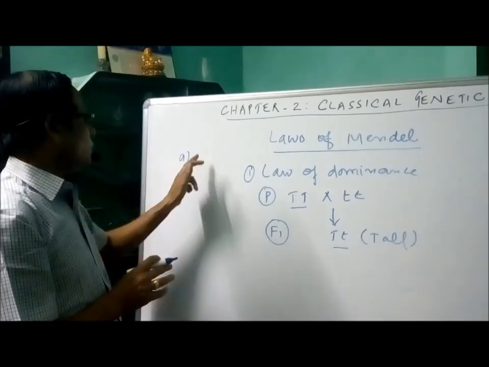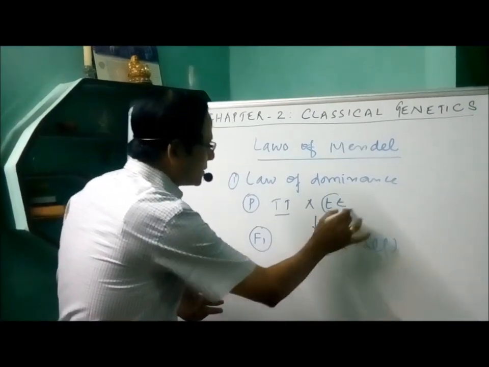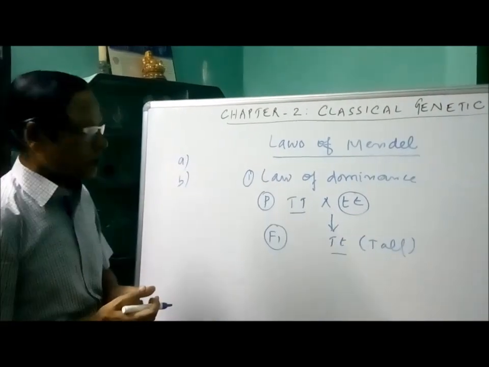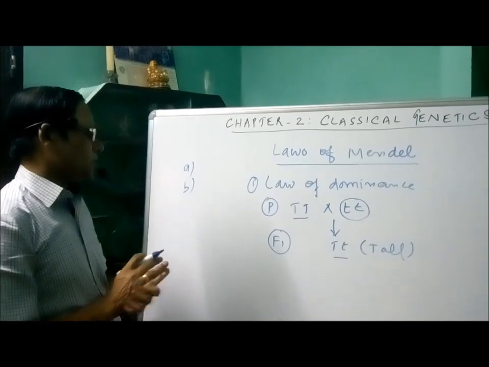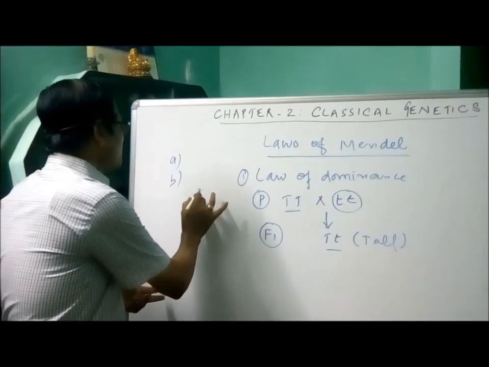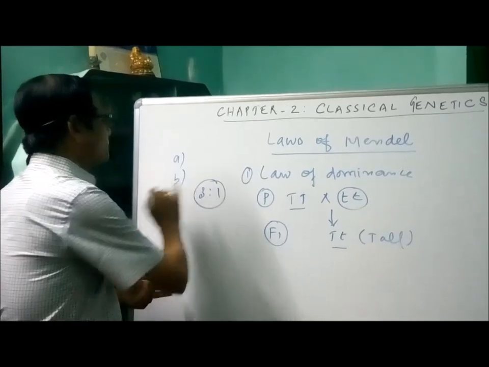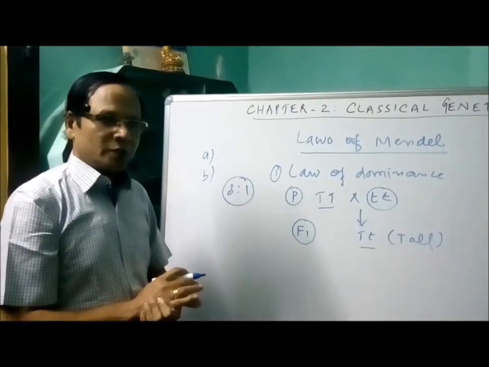That means one of the characters, namely the dwarf character, is suppressed or masked in the F1 generation and reappeared in the F2 generation. So it also explains the 3:1 ratio obtained in the monohybrid cross in the F2 generation.